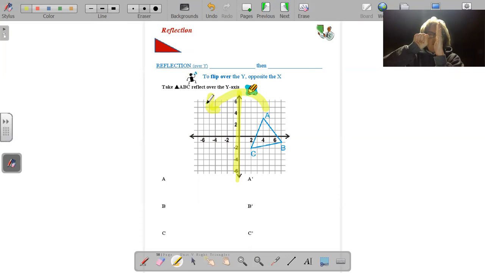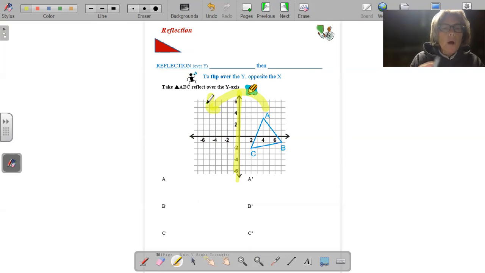Make a fist, and to flip over the y, motion your hand. We're flipping over the y. Notice the motion of your fist is horizontal. Flipping over the y-axis, the motion of your fist is a horizontal motion.